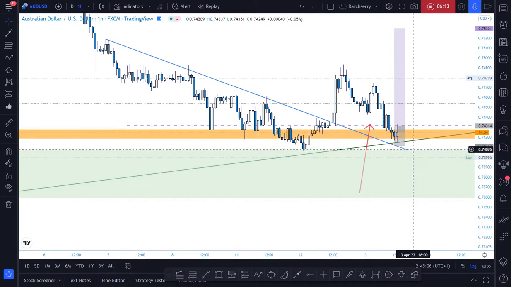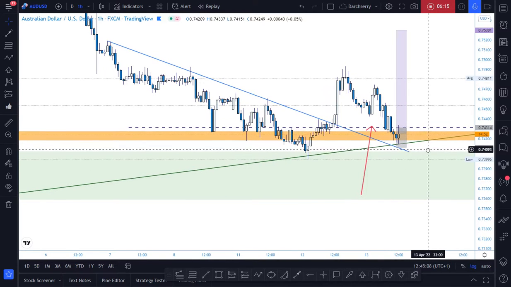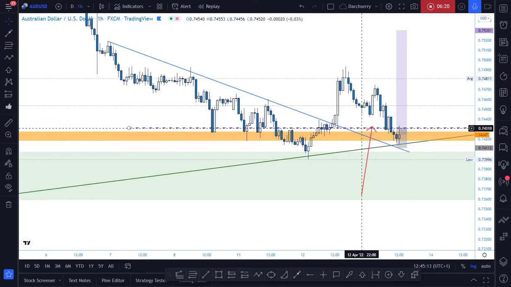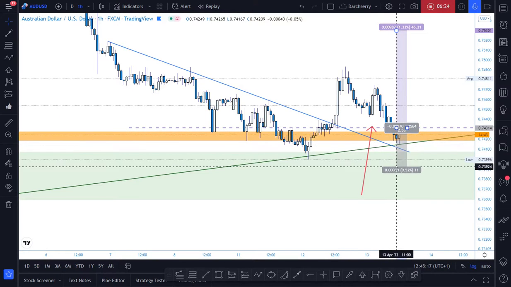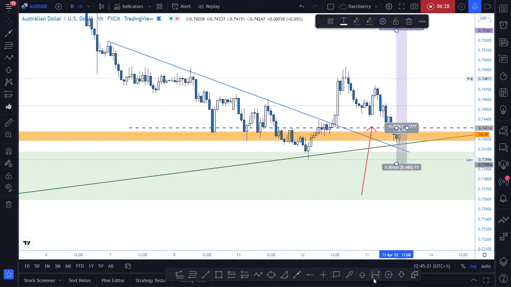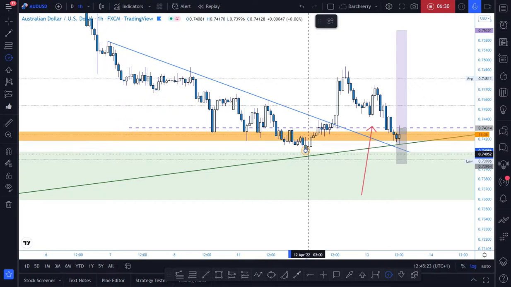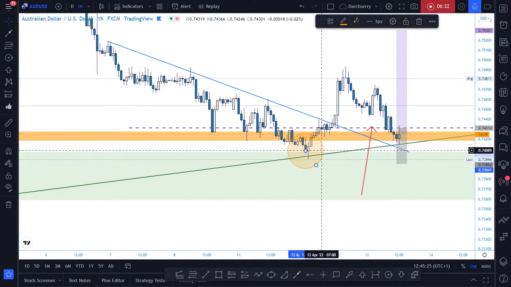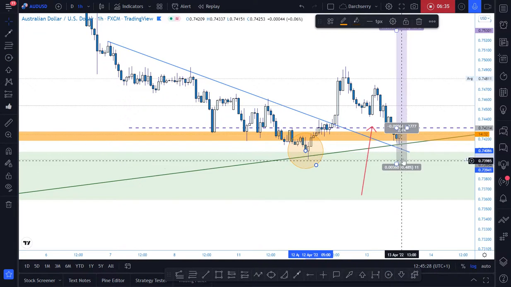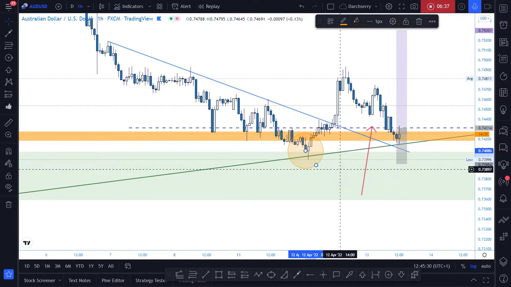So one thing I did at this point, because I don't want to miss it if it finally happens, is that I placed the pending order at 0.731317 with the stop loss right below this low, which is also respecting the trend line. That's around 40 pips thereabout.